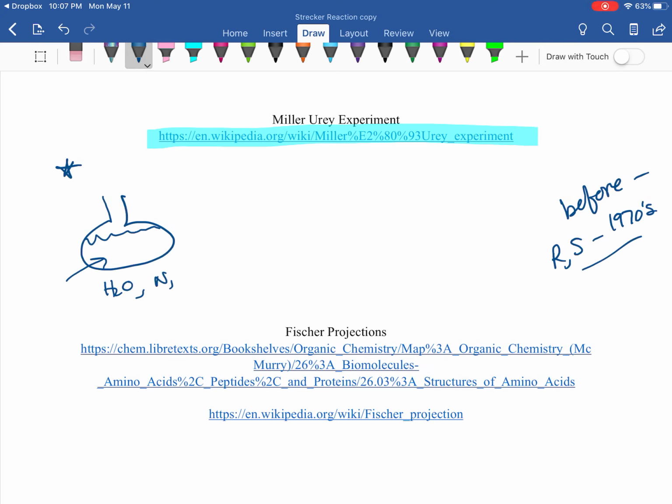So he literally took a flask in the lab and put together water, nitrogen, things that he thought were in the atmosphere at the time, carbon dioxide and so on, methane. Let's put all of that in a flask and then literally zap that sucker with lightning and see if we can actually make amino acids.